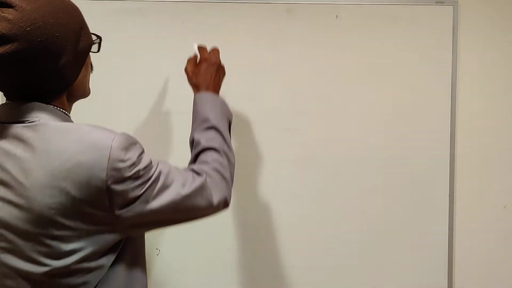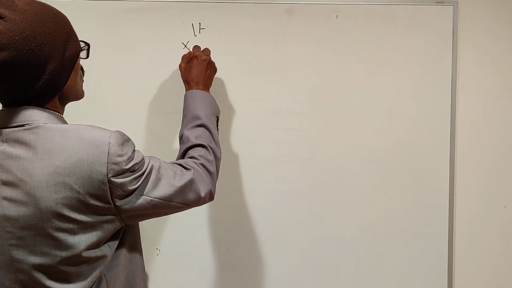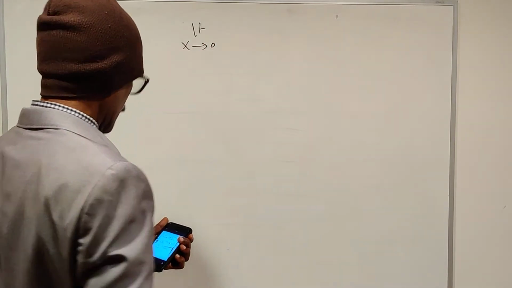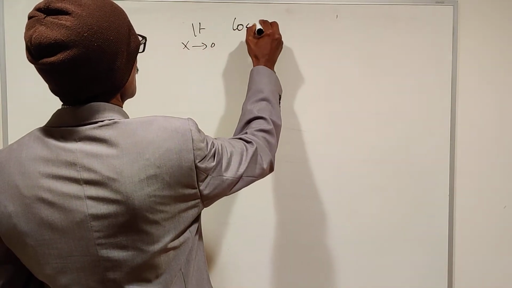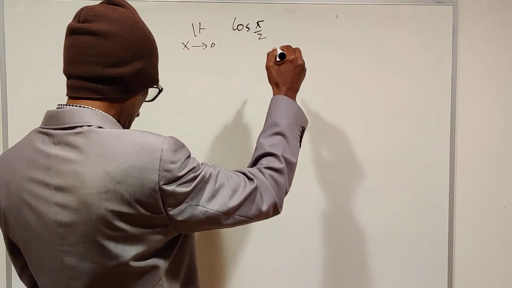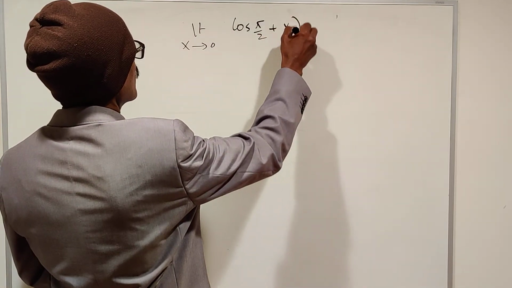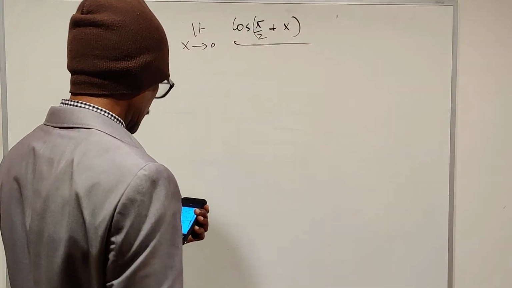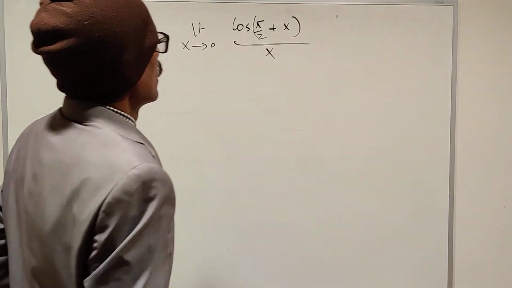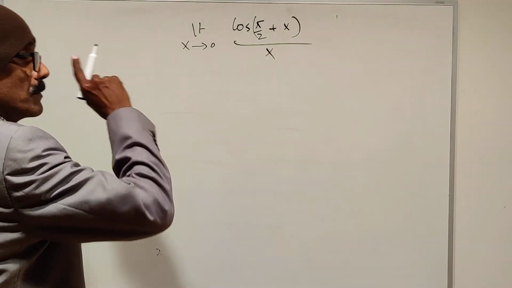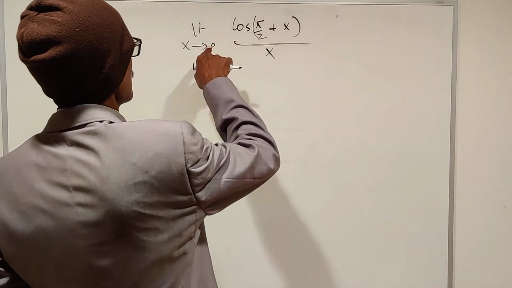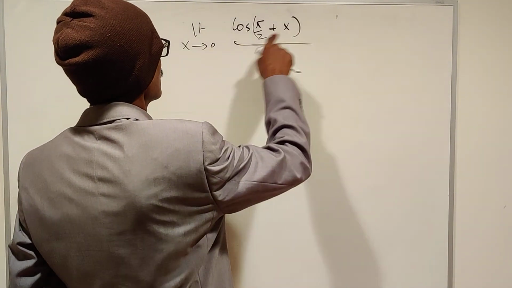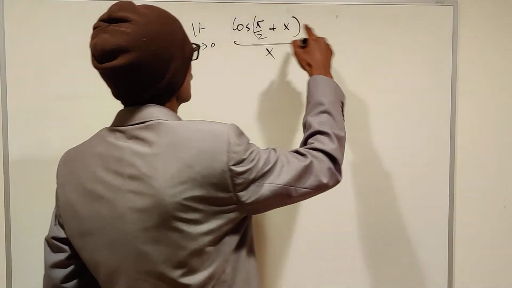Yeah, next one: limit x tends to 0 of cos of pi by 2 plus x, divided by x. Alright, so what is the first step? Just plug in the value of x here.